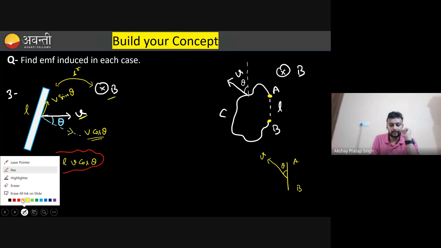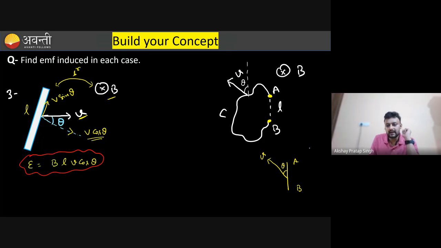Now, what will be the two components of the velocity? You can see the magnetic field is into the plane, which is perpendicular to the length. Now you can take the component. This component is going to be V sin theta and this component will be V cos theta. Clear?